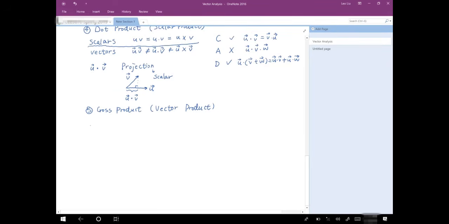So first, write down the cross product: U cross V. This cross is just like the multiplication sign that we use when multiplying two scalars.